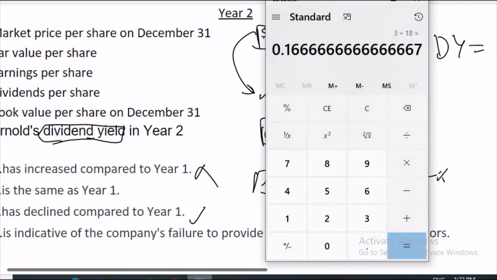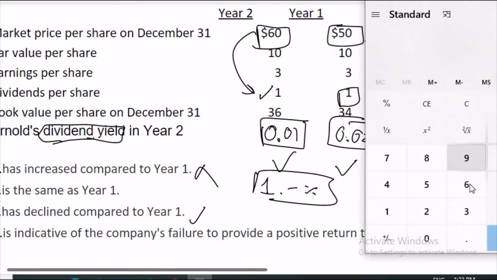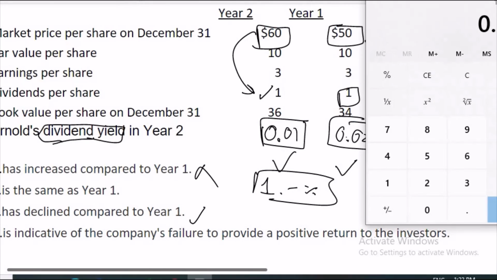Market price is 60. So we can see here differences with 1 divided by 60, that is 16.667, or 1 divided by 50, that equals 0.06, 16.60.